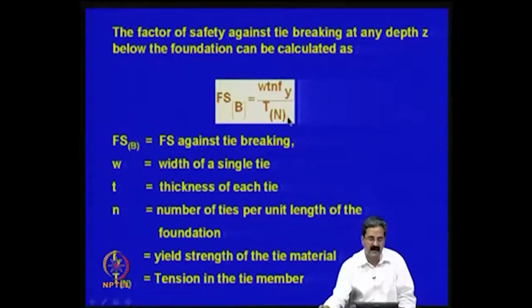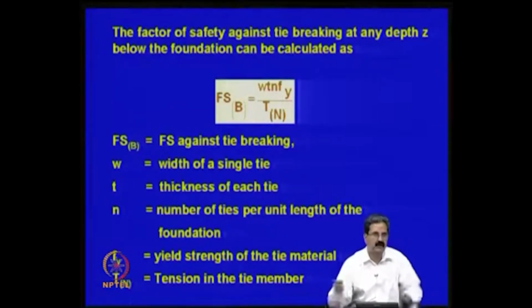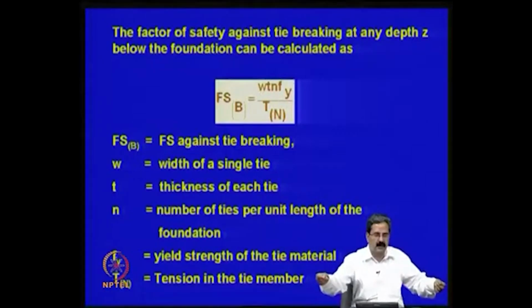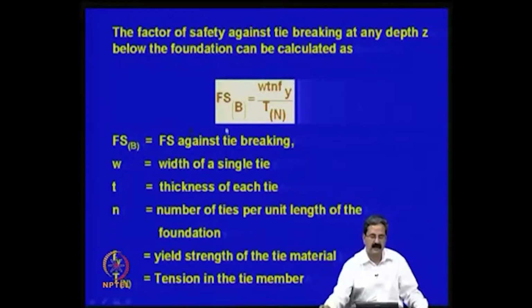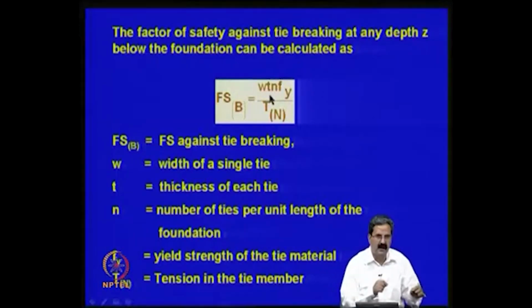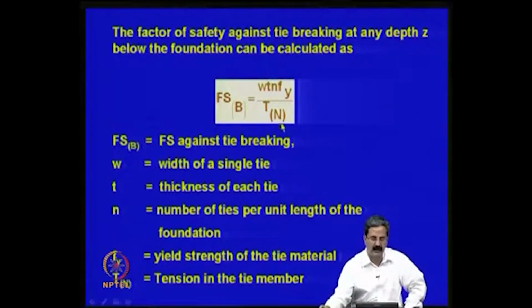Then you express the tensile force also in terms of the meter length. You take some 1 meter strip, 1 meter thickness, then you will have totally WT, and then you test the same 1 meter strip. So, you will get the spacing, you will get the factor of safety, right.